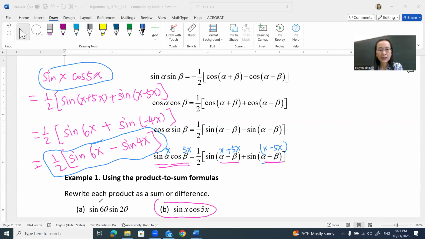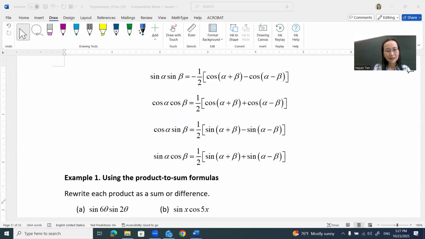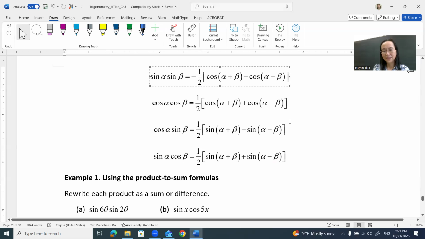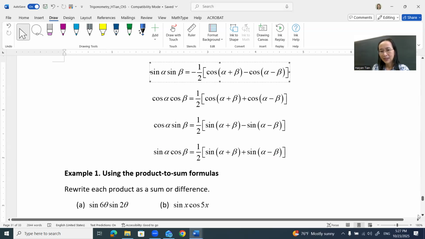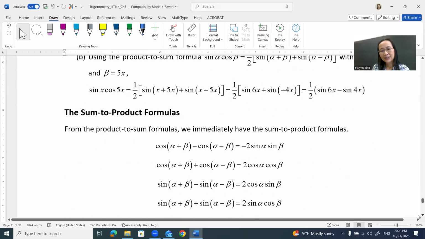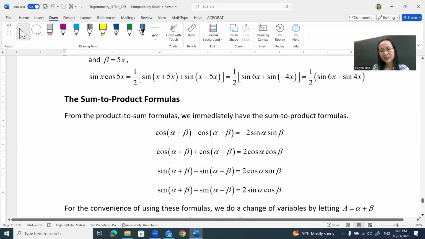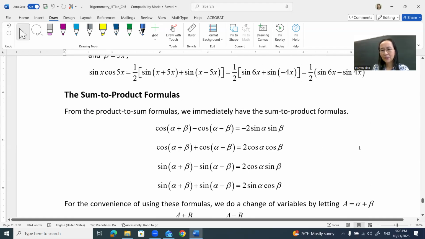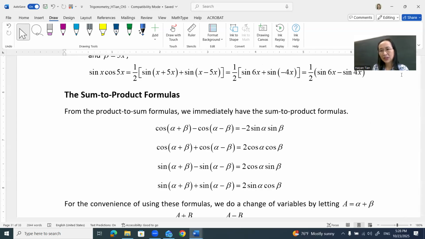Now we have already rewritten the given expression as a sum or difference, right? We achieved that purpose. So we can write the product into sum or difference.